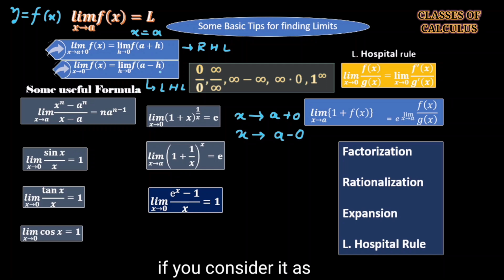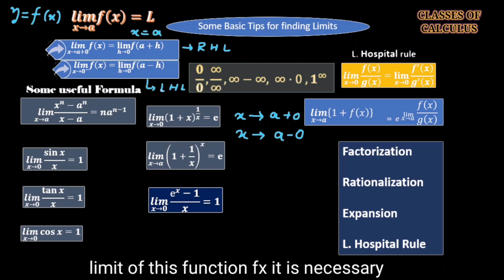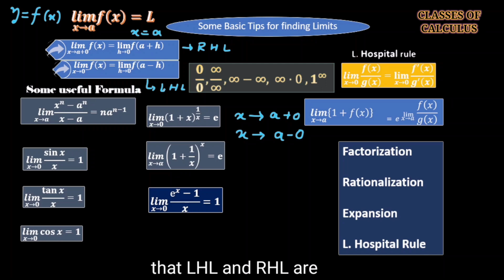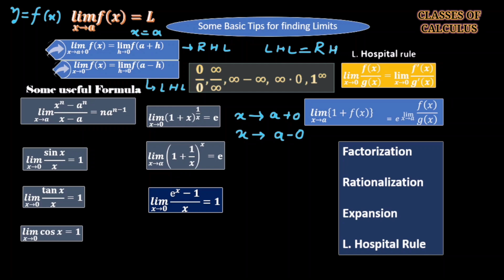For existence of the limit of this function f(x), it is necessary that LHL and RHL are equal. So you must have LHL equal to RHL for the existence of the limit.